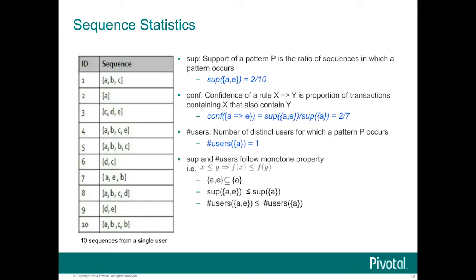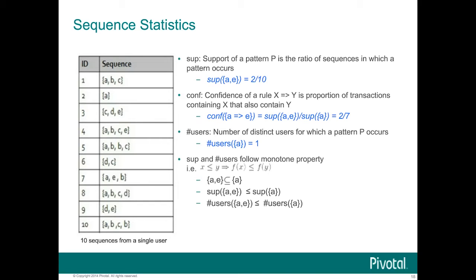In terms of support, the confidence can be written as support of AE by support of A. In the table on the left-hand side, you can see that the pattern AE appears in 2 out of 10 sequences. And if you count the number of sequences in which pattern A appears, it appears in sequence ID 1, 2, 4, 5, 7, 8, and 10. So it appears in 7 out of 10 sequences. Hence, the confidence of the rule A implies E would be 2 out of 7.